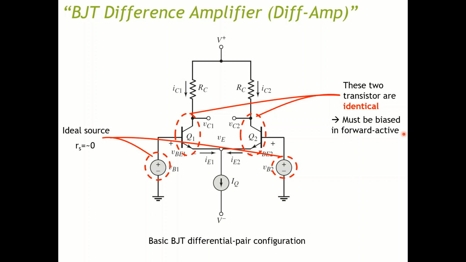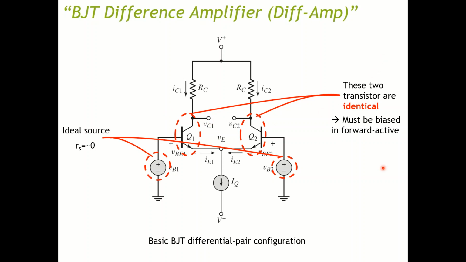If the input signal voltages VB1 and VB2 are both equal to 0, so if the input voltages VB1 and VB2 are both equal, then it results in an output of 0.